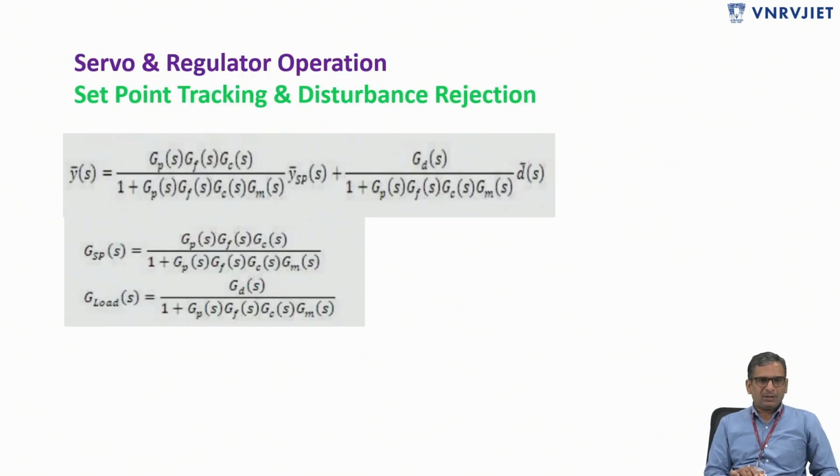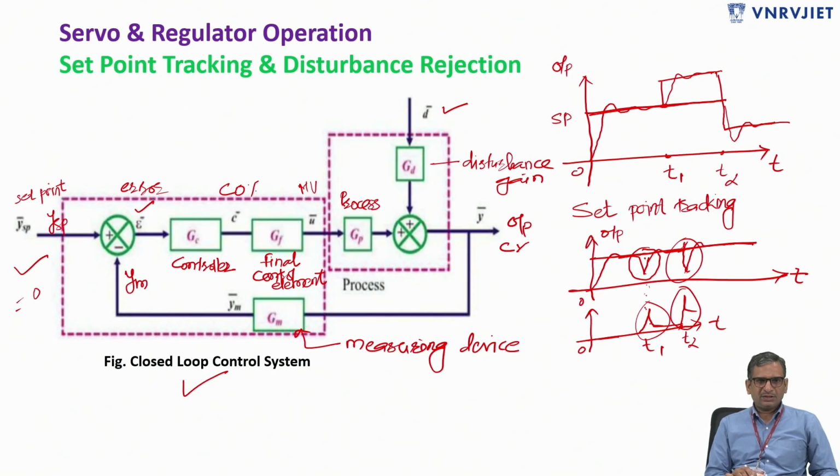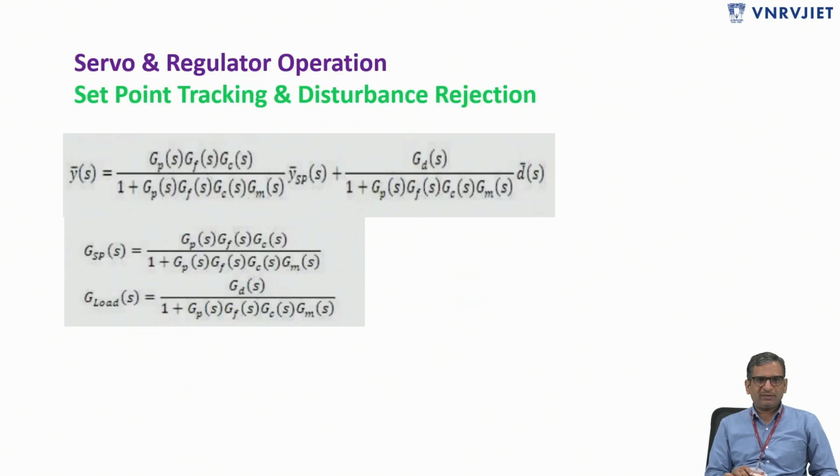So if we consider this closed loop control system diagram, and from that derive the equation for the output for two different conditions. Condition 1: in this case, let's say the disturbance variable D(s) is 0.